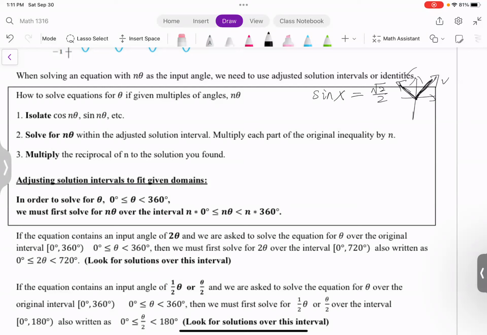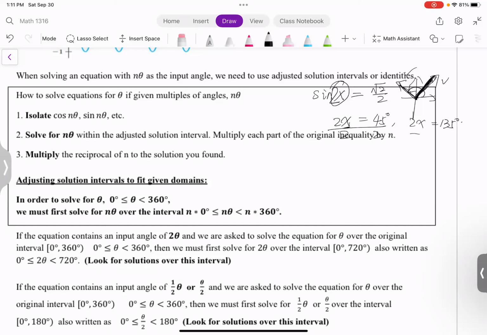But now I have a 2x, it's not just x. That means my 2x equals this angle, for example 45 degrees, and this 2x goes from here to here, which is 135 degrees. Then isolate x, divide both sides by 2, and solve for x.